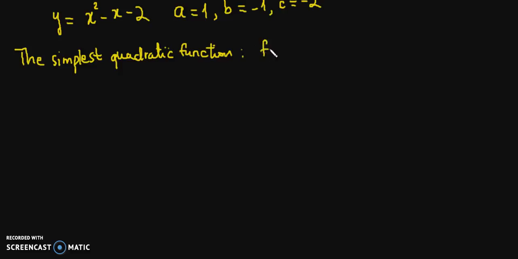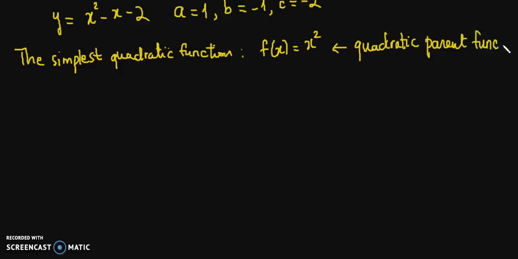That means f of x equals x squared. When a equals 1, b and c equal 0, we call this the quadratic parent function. And I will talk about the reason why in a second.